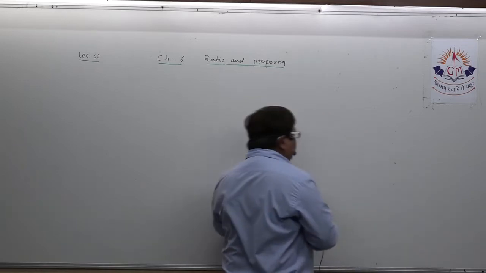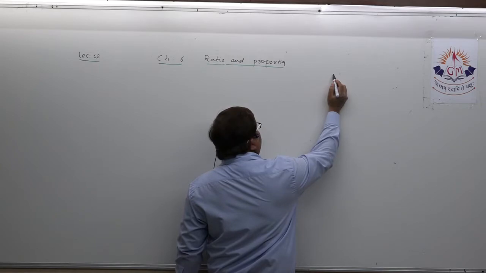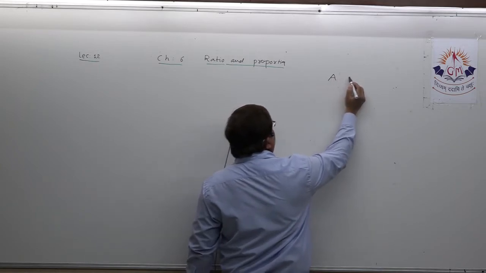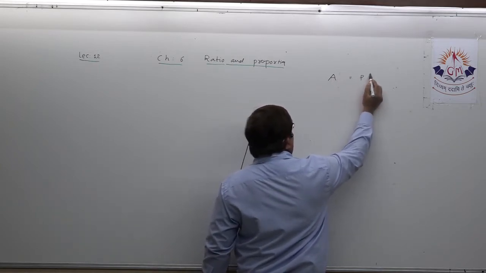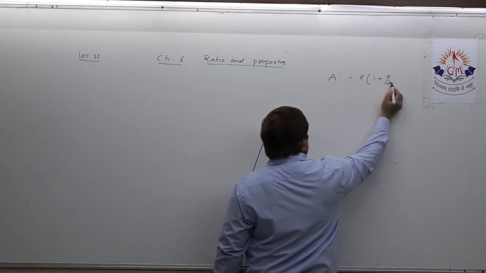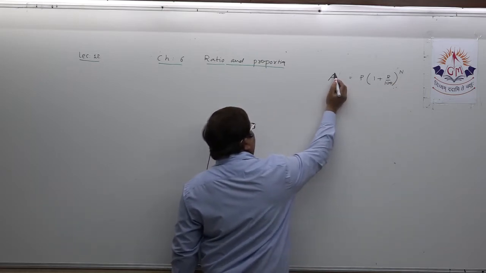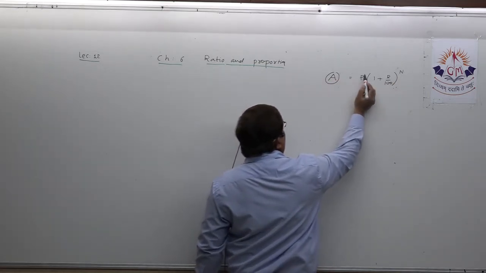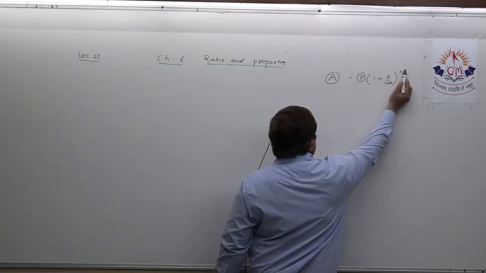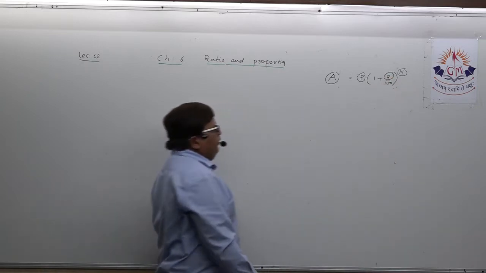Before we start, you all know the formula of amount, that is A equals P into bracket 1 plus R upon 100 raised to n. There are four quantities: one is amount, one is principal, one is period, means number of years or months, and one is rate of interest.